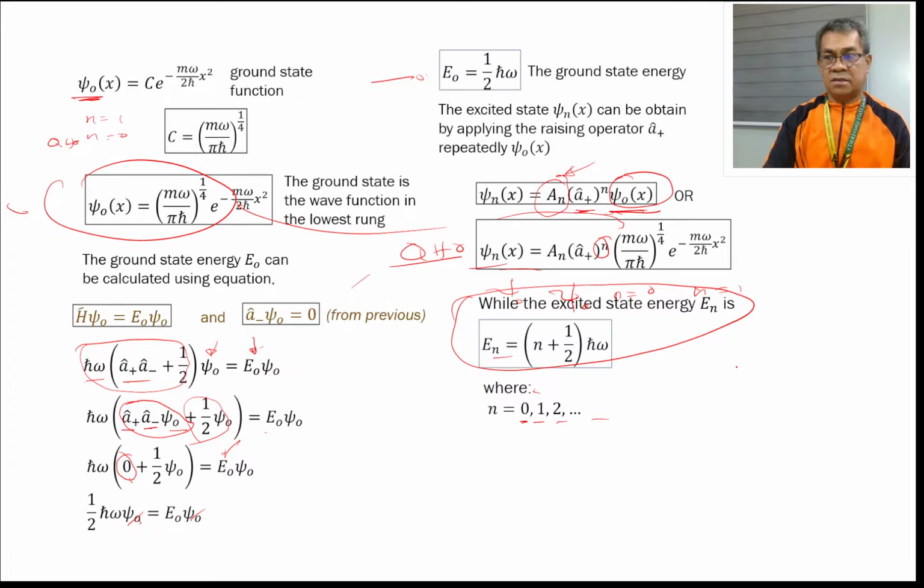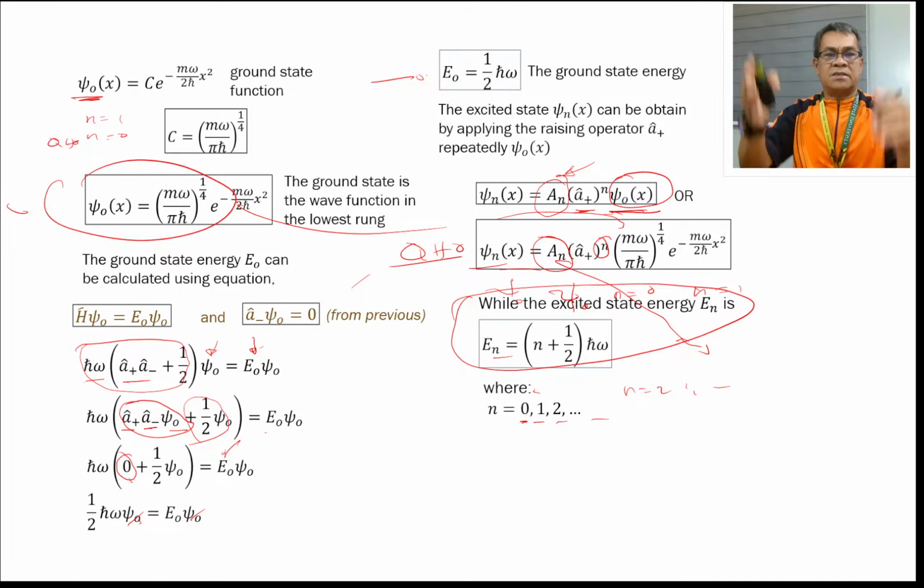So I think we will continue this because we have a lot. The big challenge there is how can we solve for psi n, especially if we have n greater than one, for example two, three, and so on. Of course we will normalize.